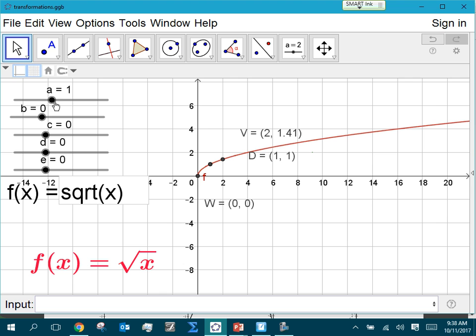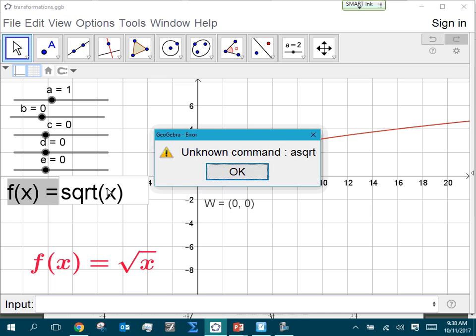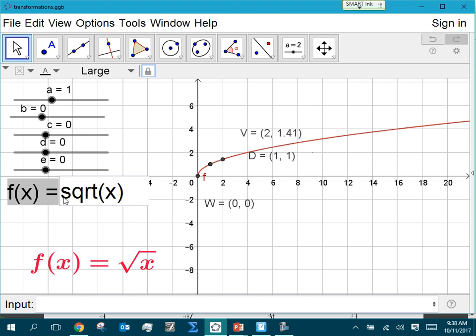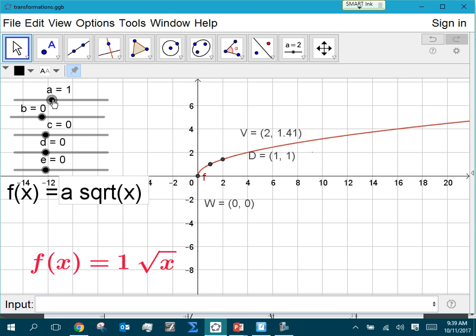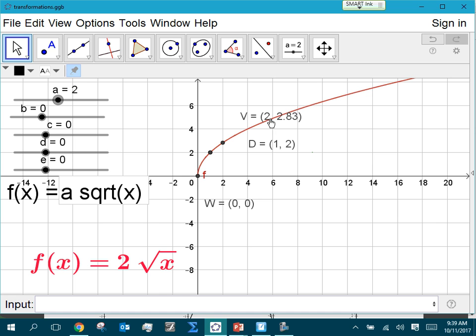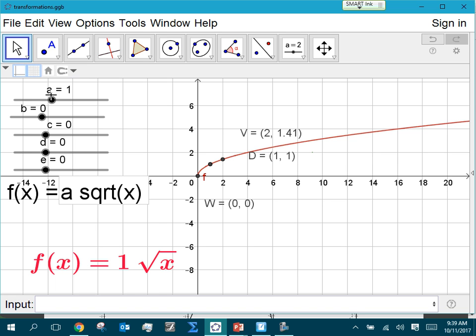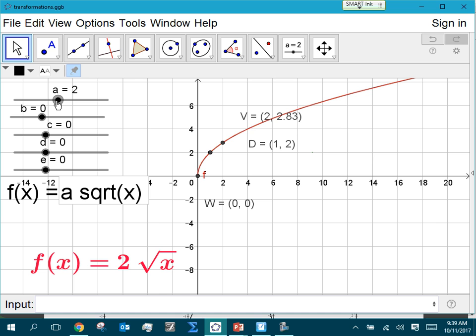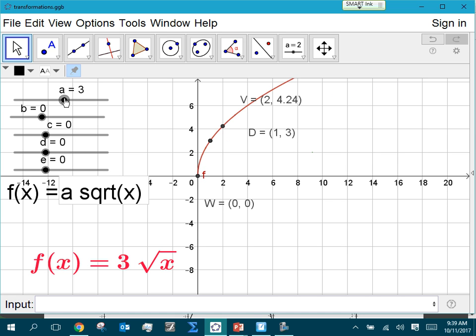But if I start taking that a value, I got to put an a in here, so a times, okay, so put that a value out front, and now I make that a go to 2, okay, still have the x values of 1 and 2, right? Those didn't change, okay, but if that a value goes to 2, watch that number and watch that number. Did they just double? Did they just triple?